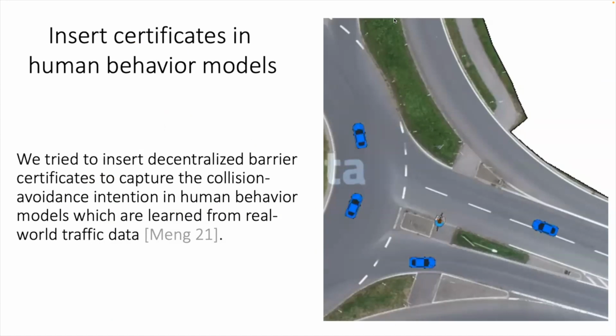Basically, when we are in a traffic scenario, whether we are walking, riding a bike or driving a car, we want to follow the traffic rules and also keep some safe distance to others, if we can. Of course, there are different levels of aggressiveness here, but we try to grab that information from data and learn a data-driven model of how human beings react to the traffic scenario.